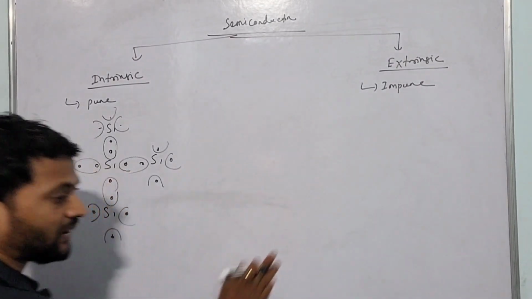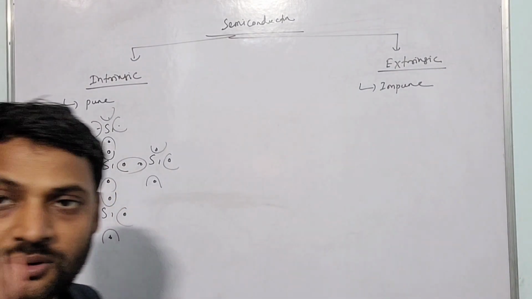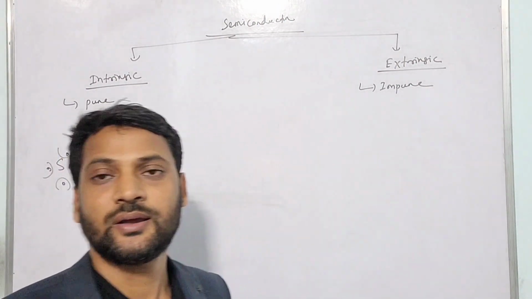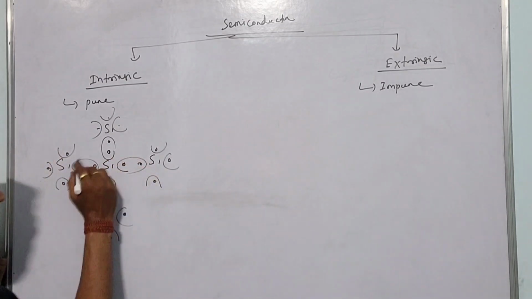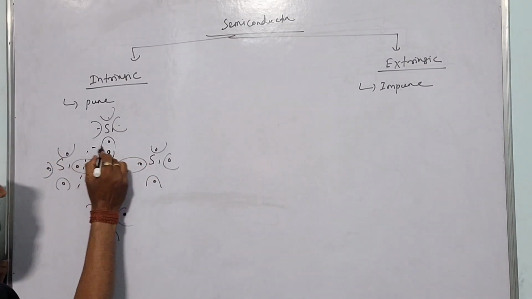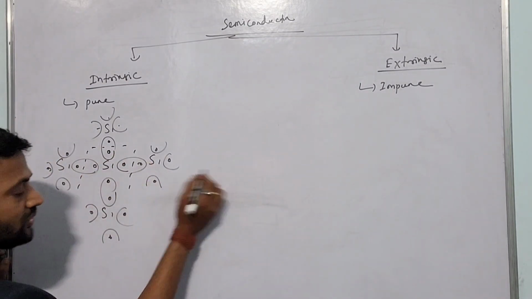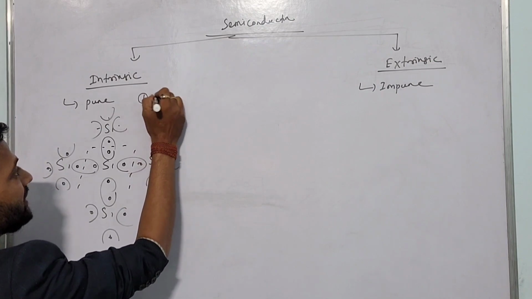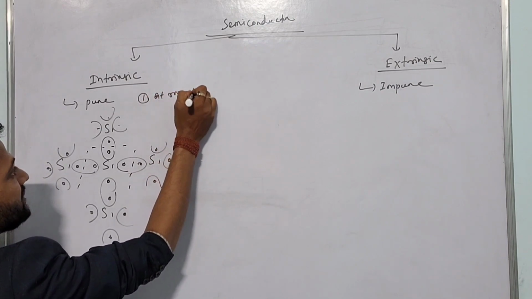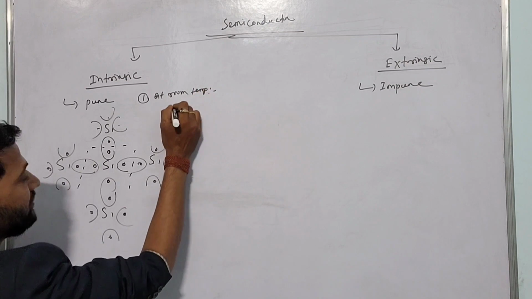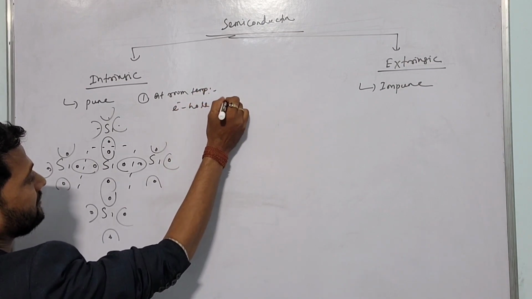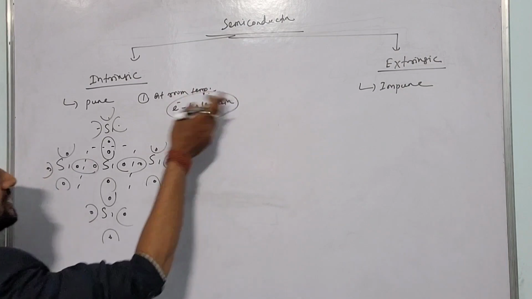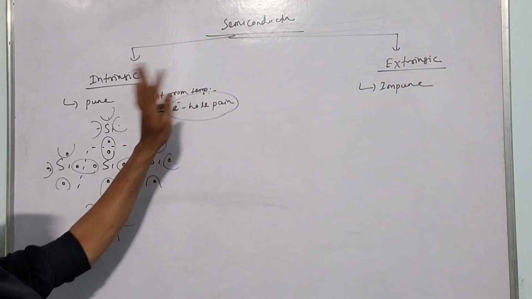As you know, even at room temperature, electron hole pairs generate in a semiconductor. That means at room temperature the bonds will gradually break and electron hole pairs generate. So the first point is, at room temperature you already have electron hole pairs.